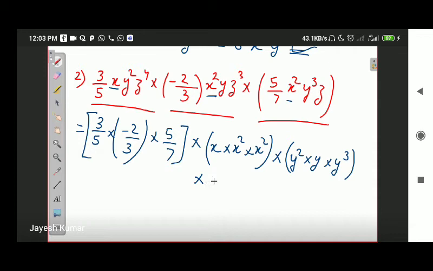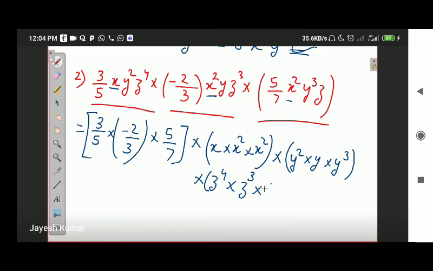Multiplication is essentially different from addition. In addition, if we wanted to add 2 or more polynomials, we looked for the same variable part. What did we mean by same variable part? If I want to add x to the power 4, then I need another polynomial that has x to the power 4.